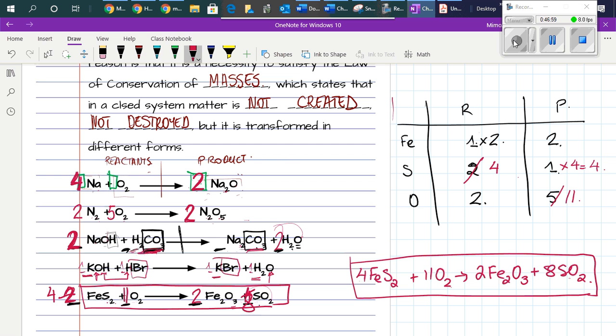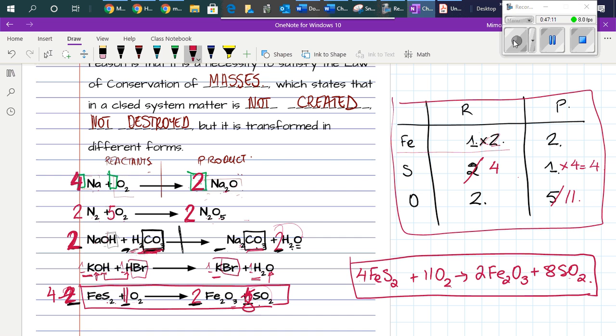Just to summarize it again, we start with balancing iron, then we multiply it by 2 by adding a coefficient of 2 in front of the compound that has iron in it. By adding that coefficient, we are affecting the number of atoms of sulfur, making it 4 instead of 2.